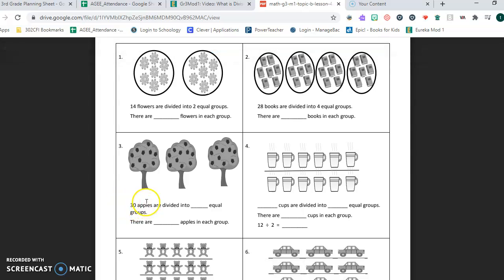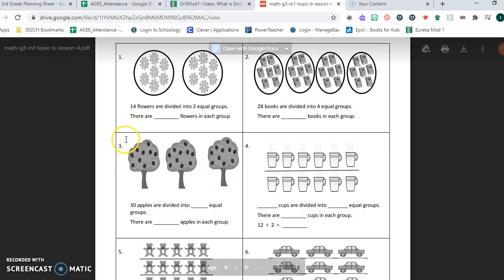Now they start switching it up a little bit here in number 3. You've got 30 total apples divided into blank equal groups. Now they're forcing you to look at the picture and see how many groups there are to divide the apples into.